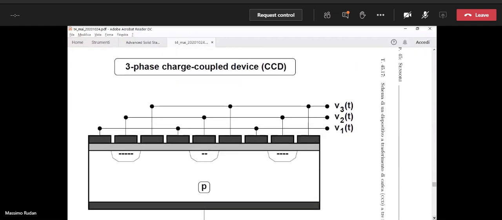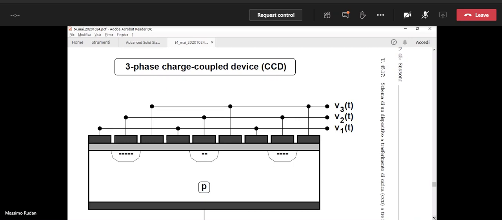So the first implementation that we shall examine is a device that is called charge coupled device, in short CCD.